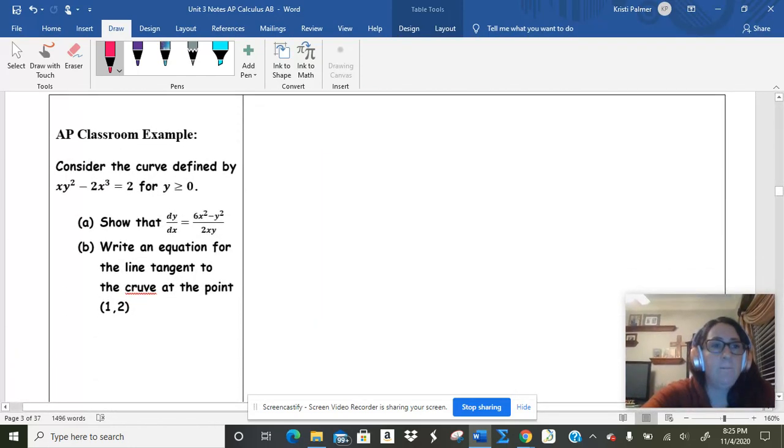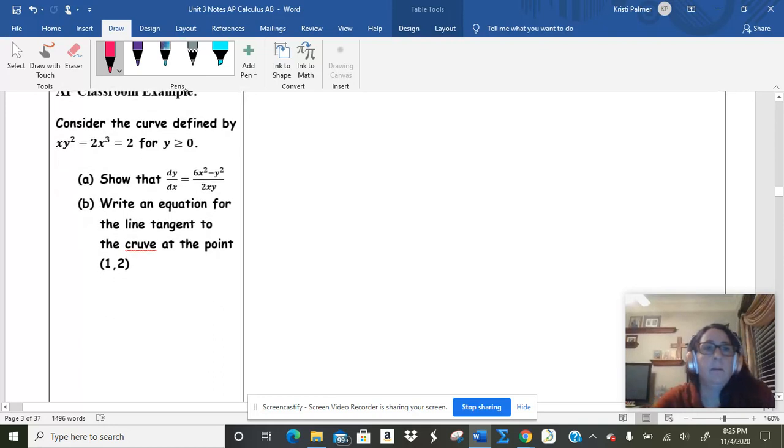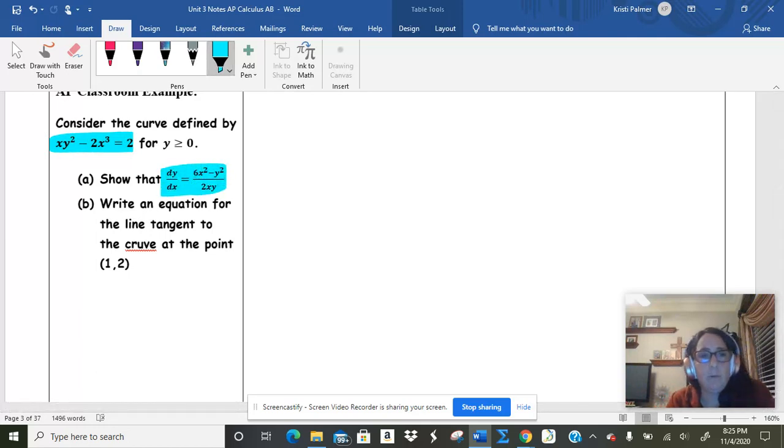All right. So I want you guys to go ahead and use this function and see if you can get that for dy dx. Go ahead and pause me and see how you do.